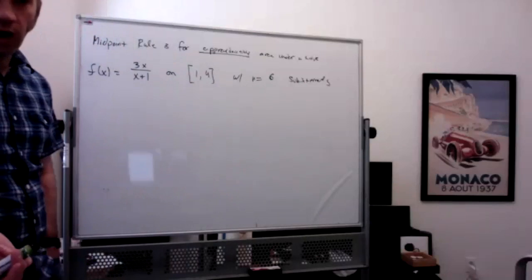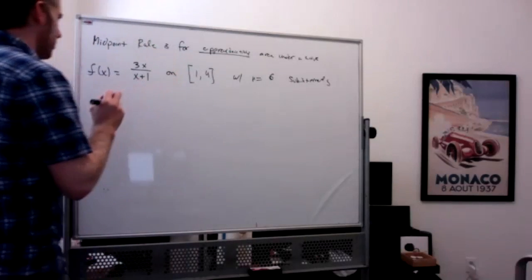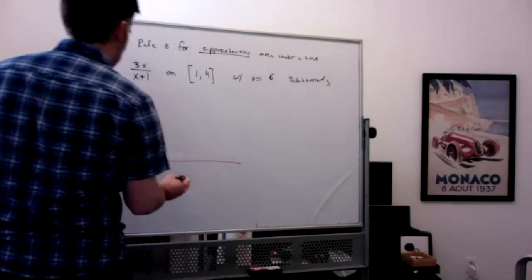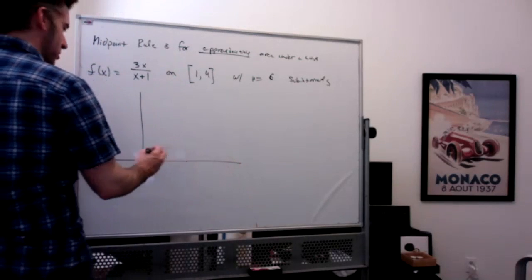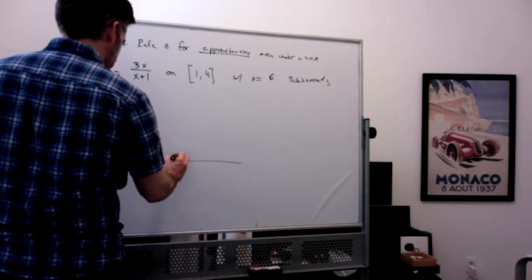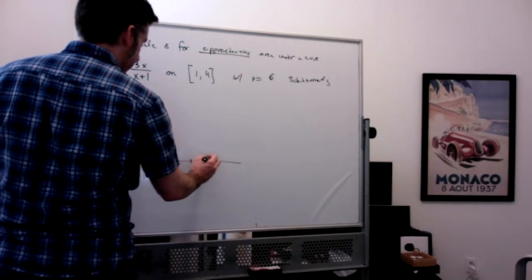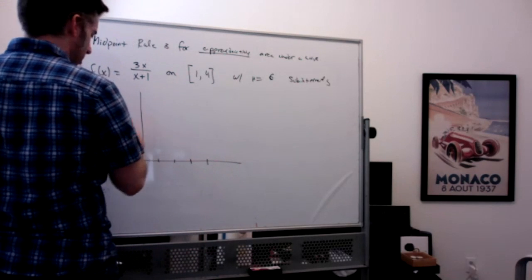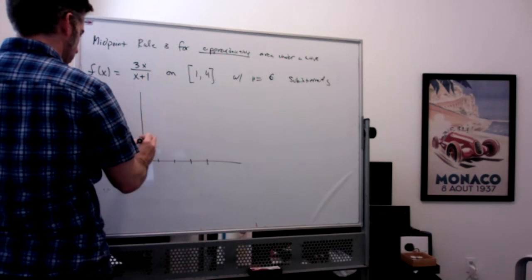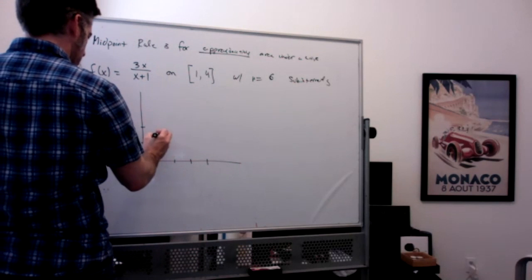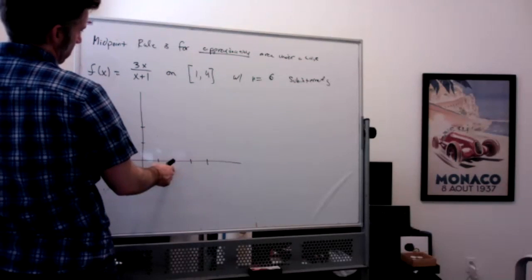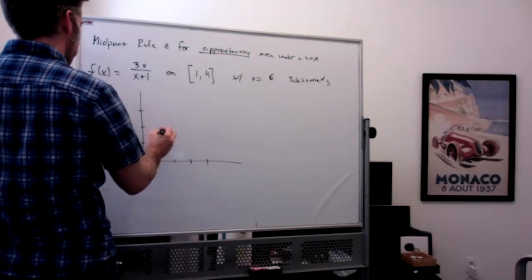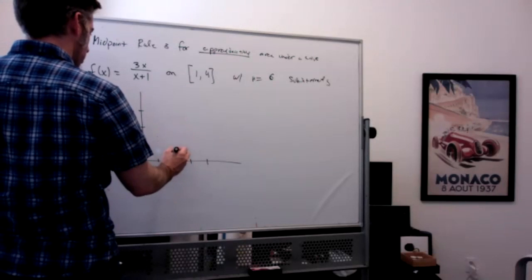Okay, so let's draw this thing. Let's plug in values. Plug in 1, I get 3 over 2.